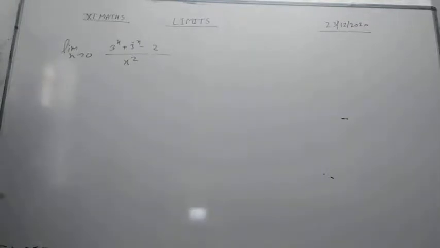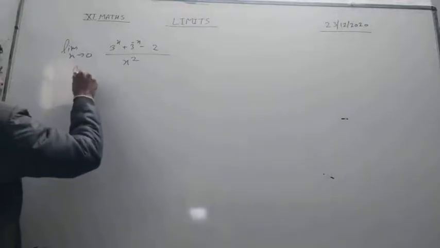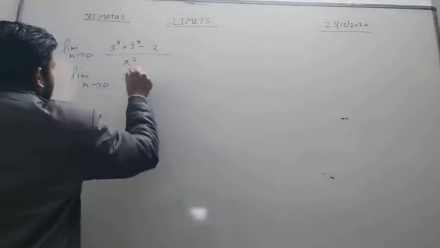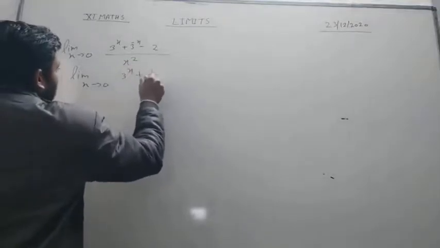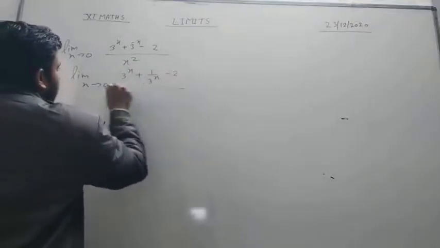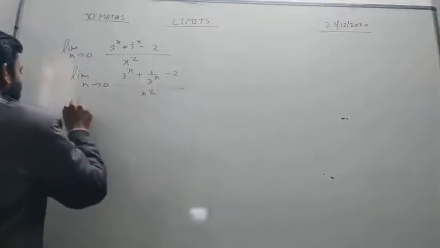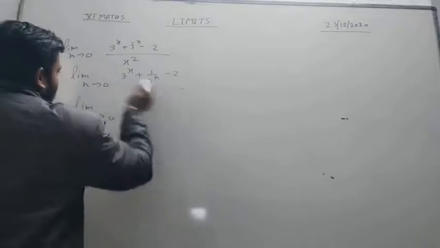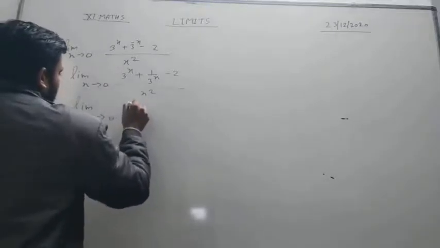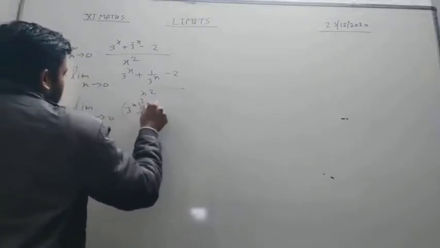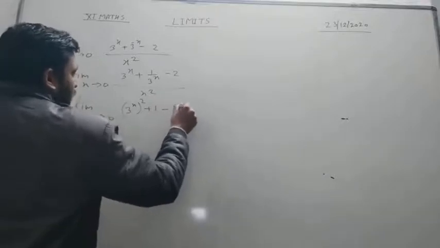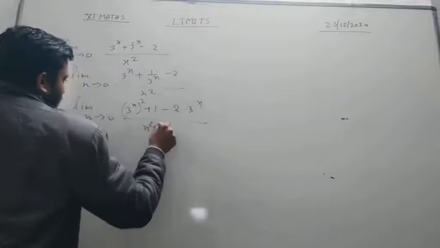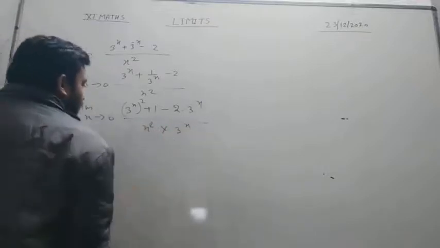So we can write limit x tends to 0, (3^x + 1/3^x − 2) / x². Limit x tends to 0, we can write (3^(2x) + 1 − 2·3^x) / (x² · 3^x).